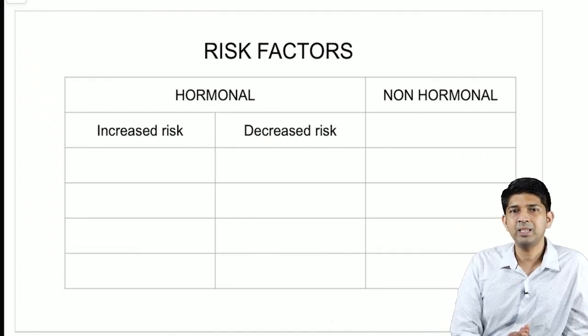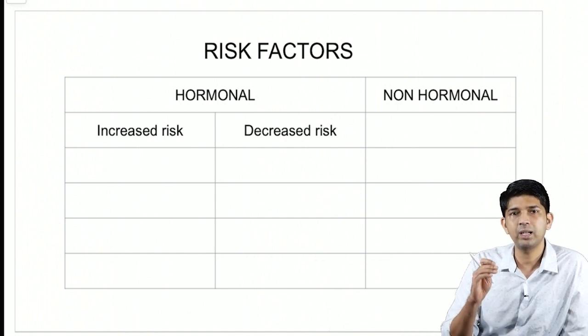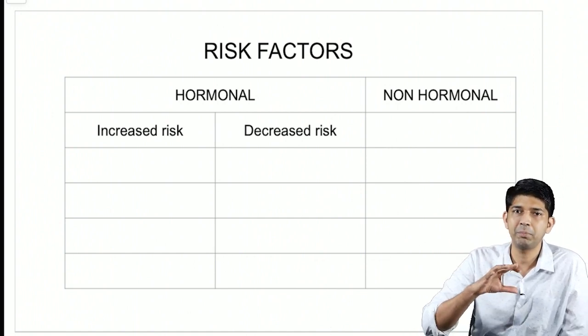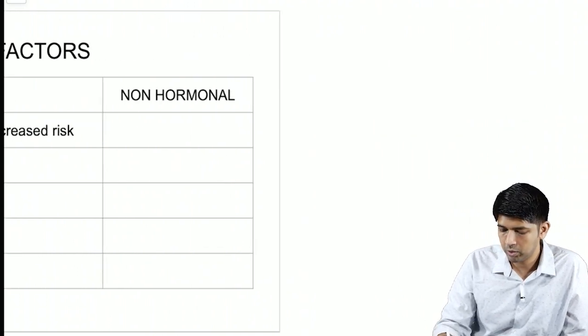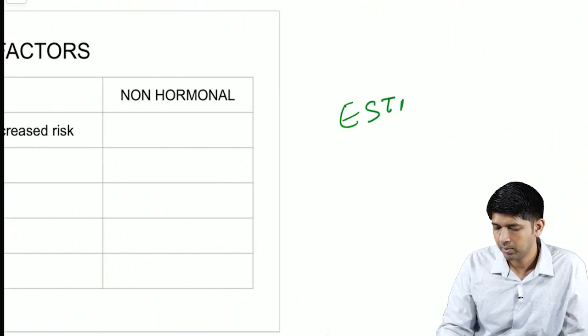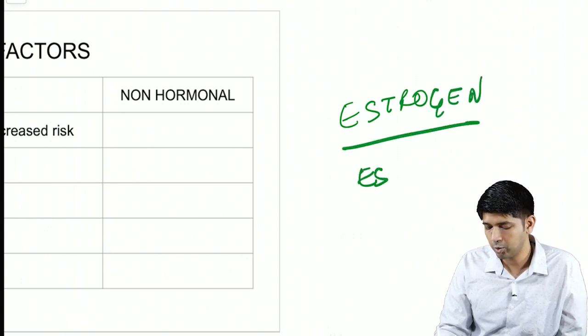Now, CA breast is heavily hormonal dependent. When I say hormonal dependent, that there are certain hormones in the body which play a major role in the etiology of CA breast, and one of them, and the most important, is estrogen. Okay, that is because in your breast you have what we call as estrogen receptors.